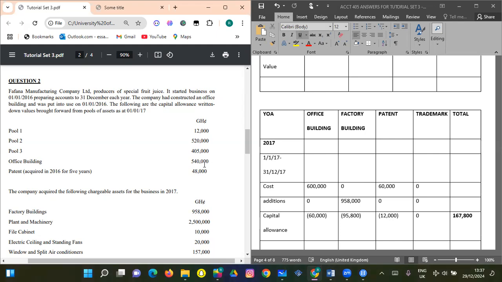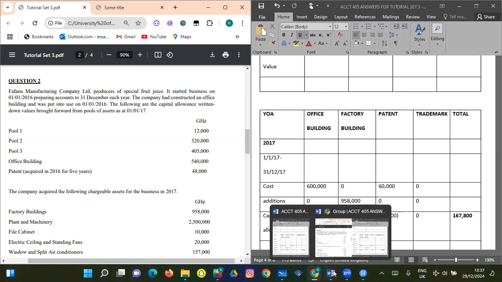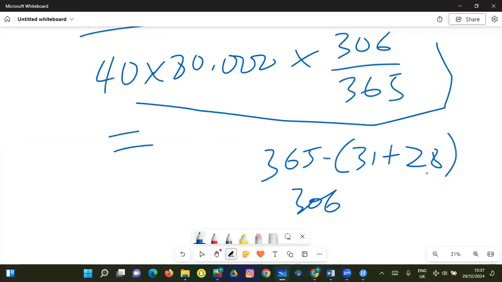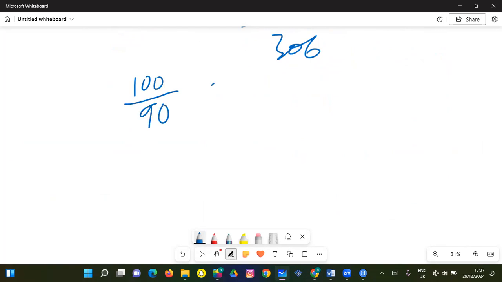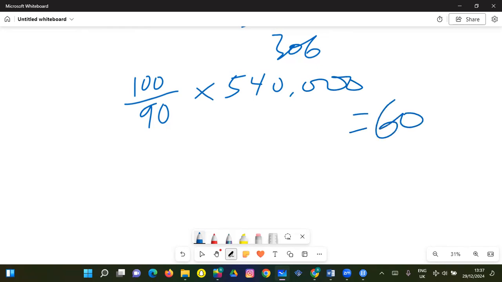So if we want to convert it and get the cost, since it is 10%, we are going to do 100 over 90 times 540,000. Then we are going to get 600,000. So that's how we had this 600,000.